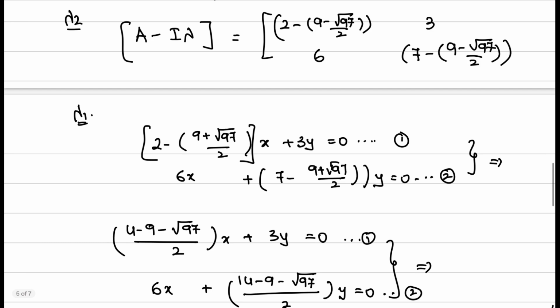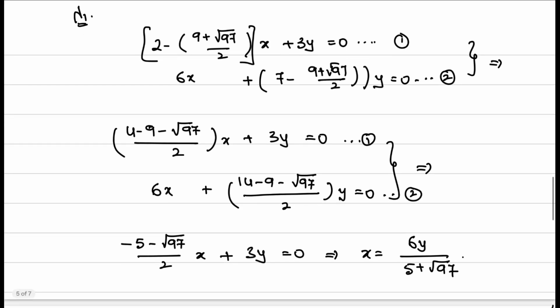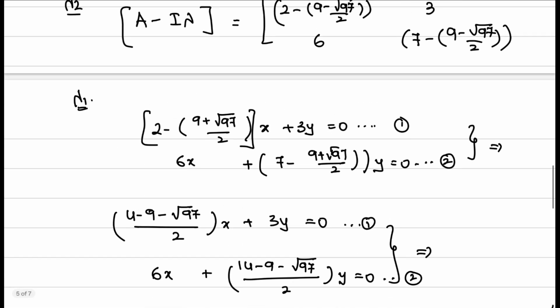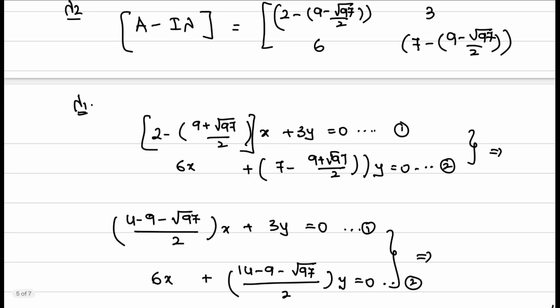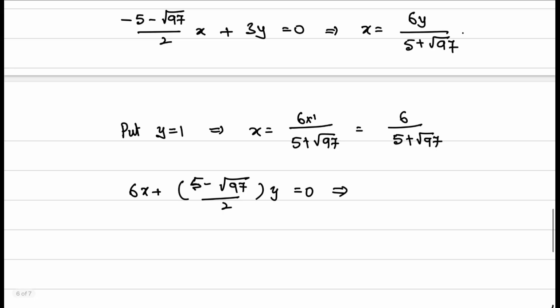Sorry, this becomes 14 minus 9. Minus into minus is plus, so it is not 9 plus, it is 9 minus square root of 97, and 14 minus 9 plus. Here it becomes plus.